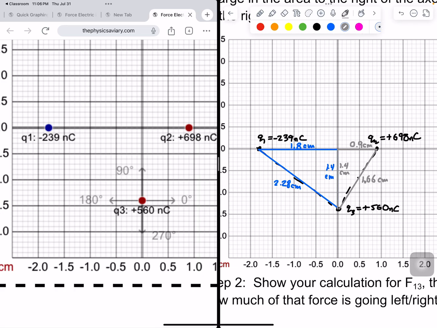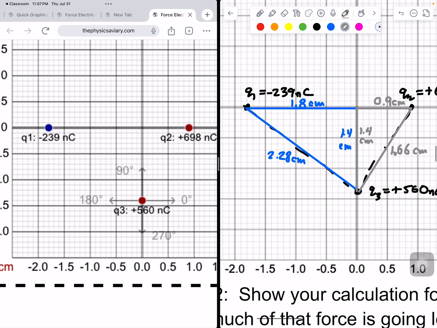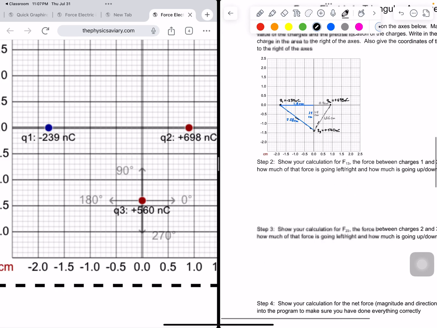And now what we're going to do is take a look at the charge interaction between, let's say, charge 1 and charge 3, and then charge 2 and charge 3, okay? And that's based on the sign of the charges. So I see that charge 1 is negative, charge 3 is positive, and that means charge 1 is going to pull charge 3 kind of upward in that direction. Okay, so I'm going to call that F13.